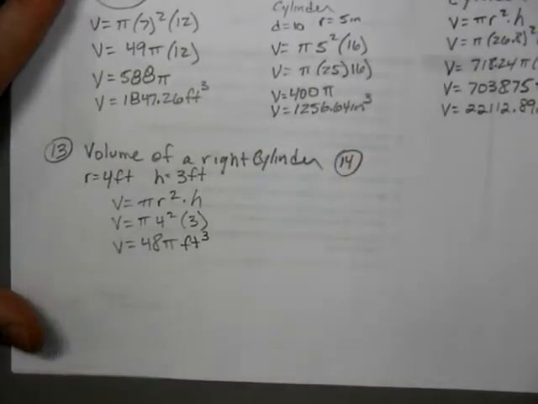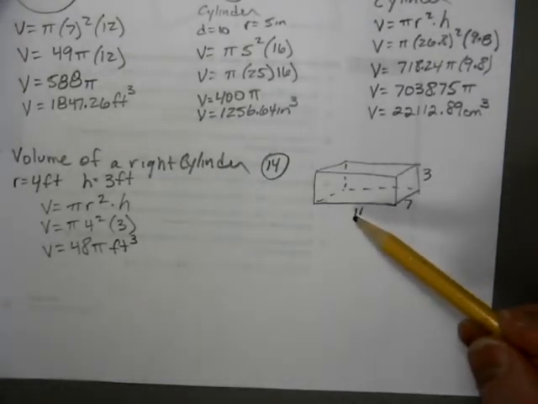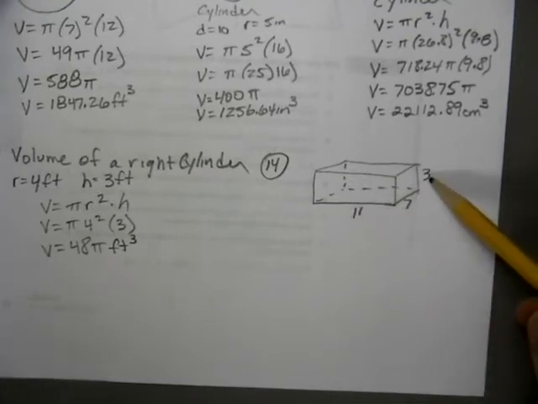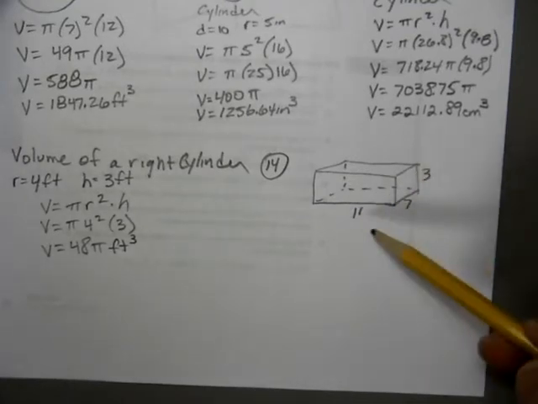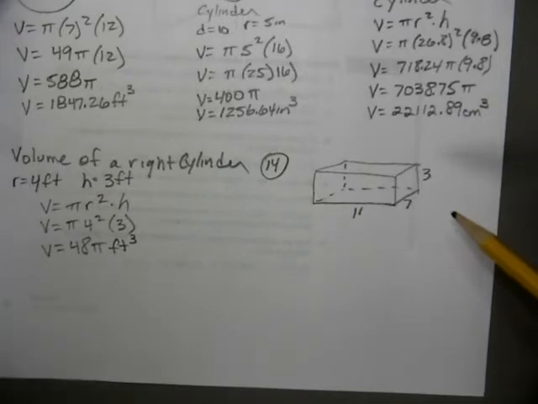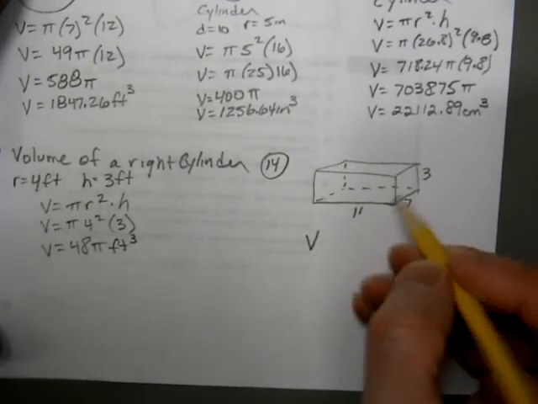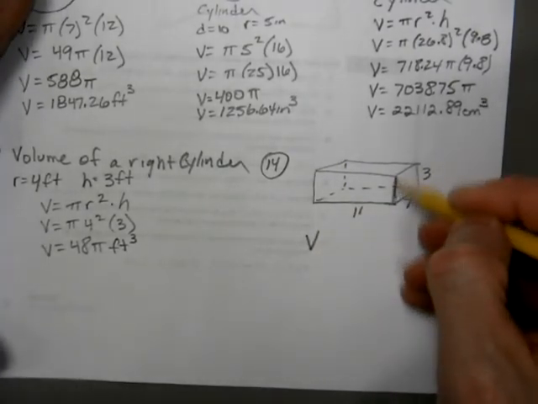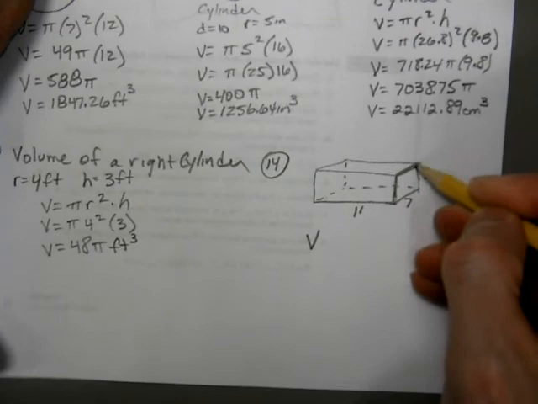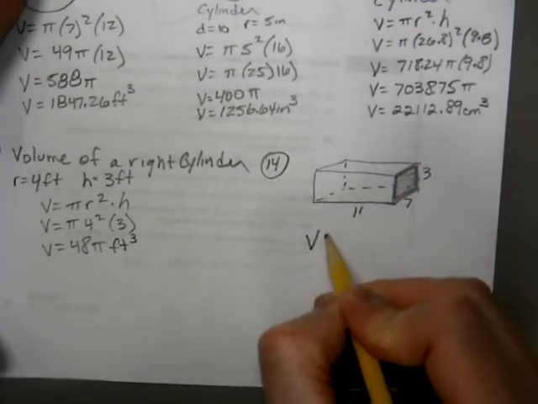Number 14. For number 14, we have dimensions of 11, 7, and 3. Now, it really wouldn't matter which we put where. I put 11 on the longest side, 7 on the medium side, and 3 on the shortest side. It doesn't matter really how you drew it. But to find the volume, you need to find the area of the base. So this time, just to be different, I'll call this side the area.